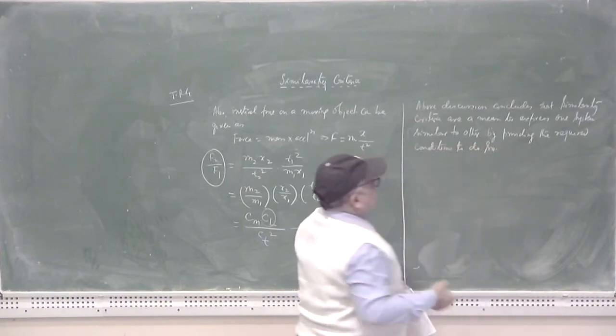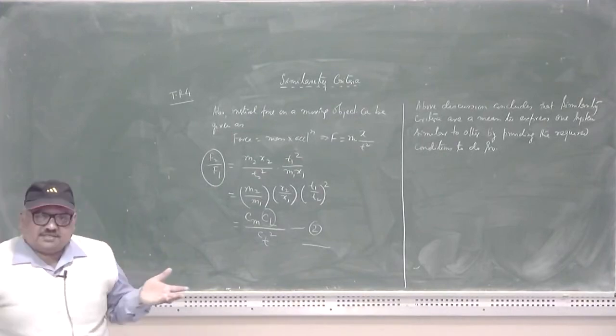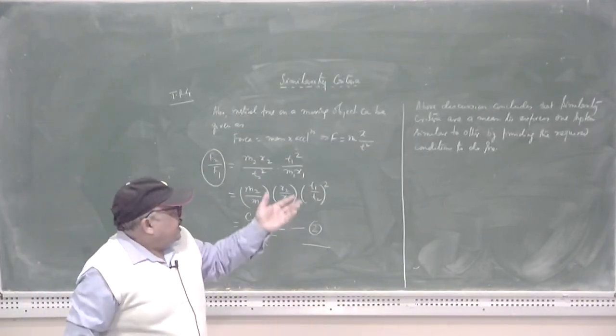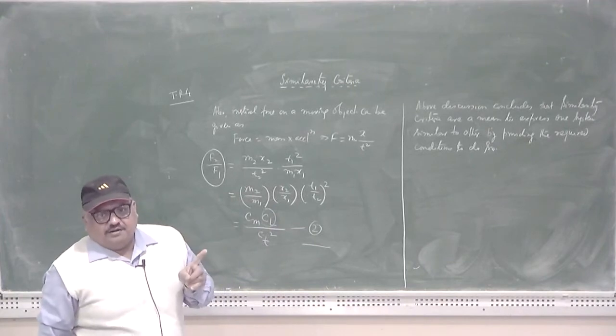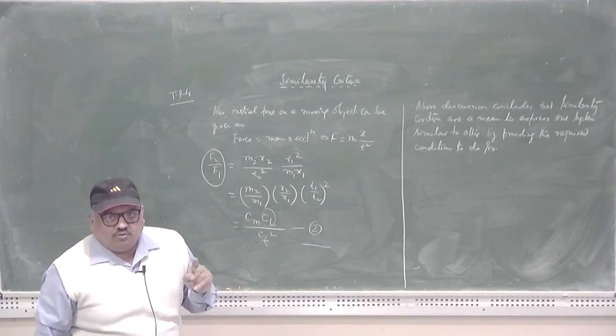That means you can say the similarity criteria is a means to provide those conditions by virtue of which a particular system 1 can be treated as similar to system number 2.